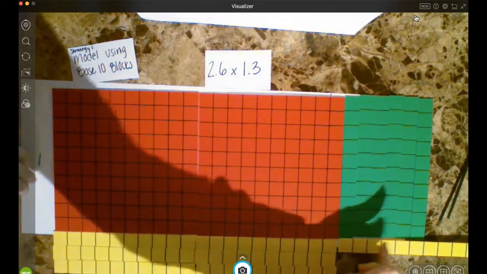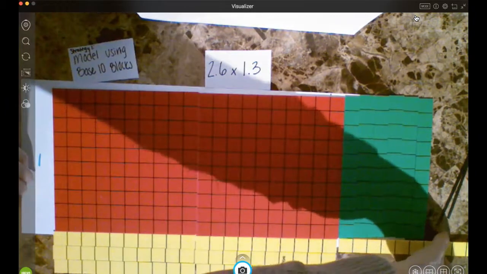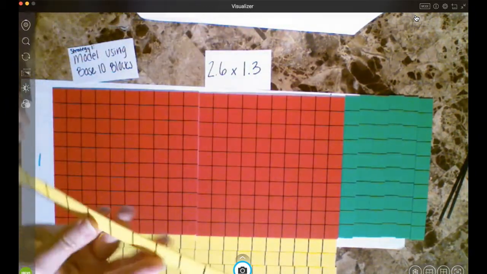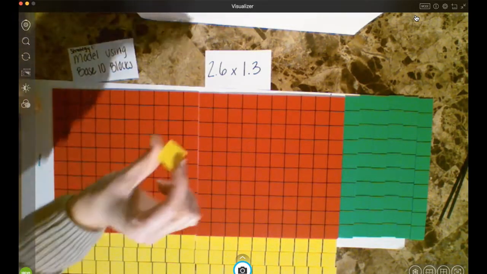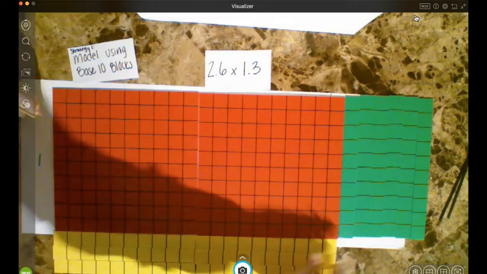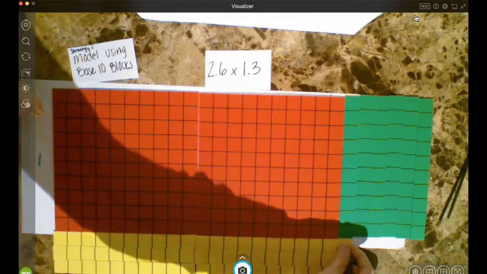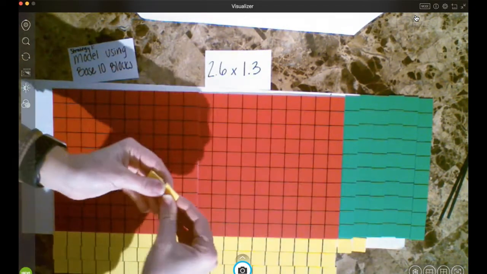It goes past the last strip here, and I don't want that. So instead of using a 10th strip, I'm going to use these little cubes. And these are going to represent thousandths. So I'm just going to use these to fill in the rest of the array.